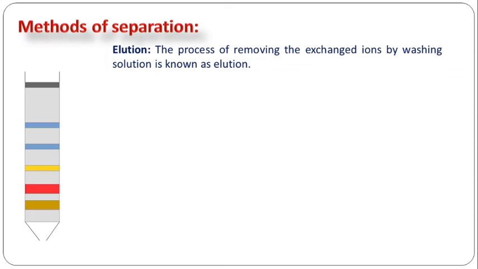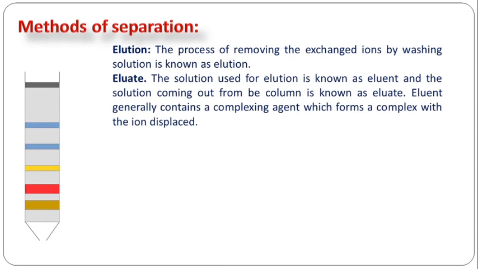The solution used for elution is the eluent, and the solution coming out from the column is called the eluate. Whatever solution you are putting into the column is called the eluent.